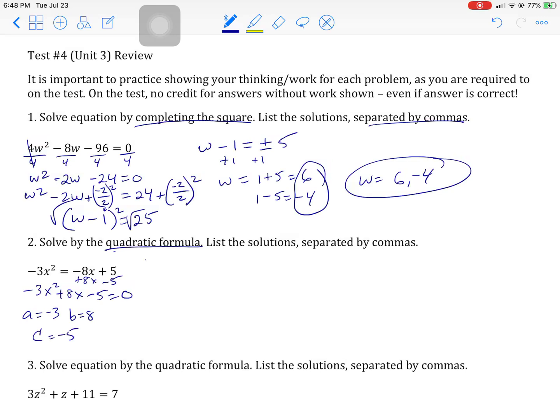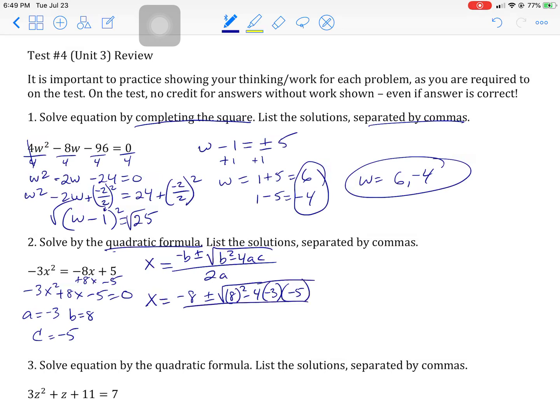So when I put it in the quadratic formula, which is negative b plus or minus the square root of b squared minus 4ac over 2a, I will get negative 8 plus or minus, excuse me, apologize, b squared minus 4ac over 2 times a.